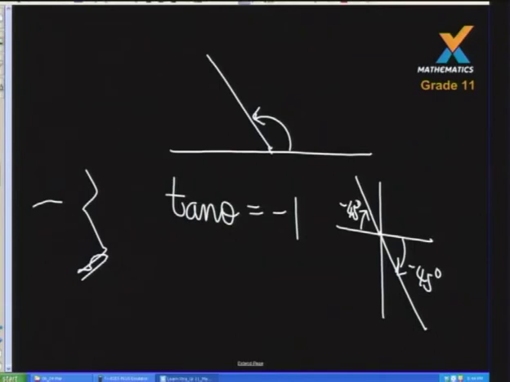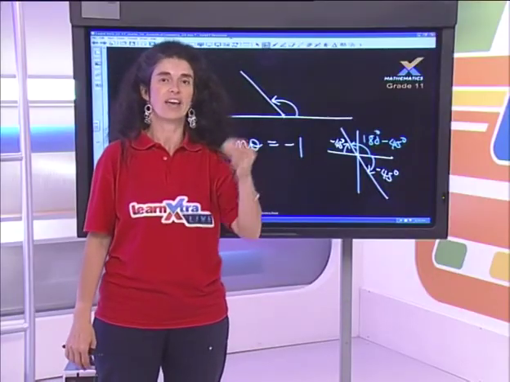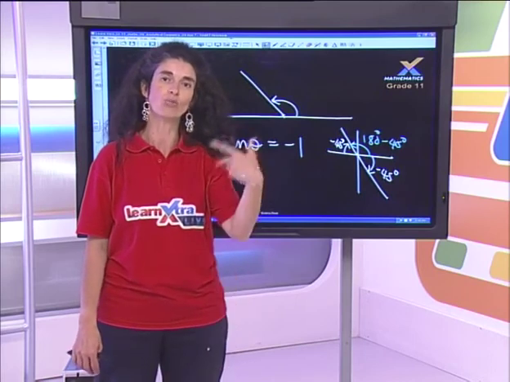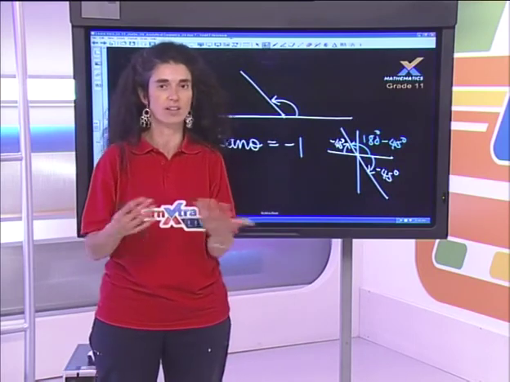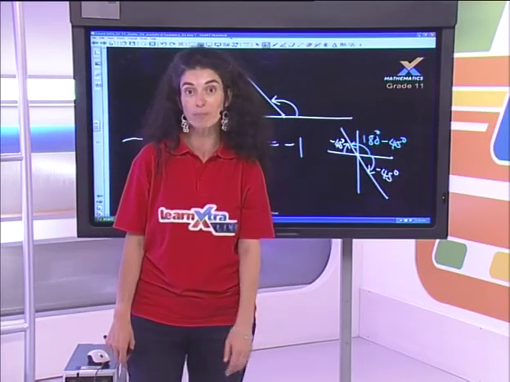So to get this angle here, we would say it's 180 take away this 45 degrees, so 180 take away 45 will give you the 135. So to get the obtuse angle, I always have to take 180 minus that given angle in the fourth quadrant in order to get the obtuse angle. That's just a process of being able to find obtuse angles because the calculator hasn't been programmed for that. Okay.